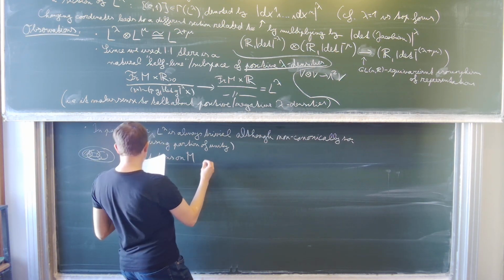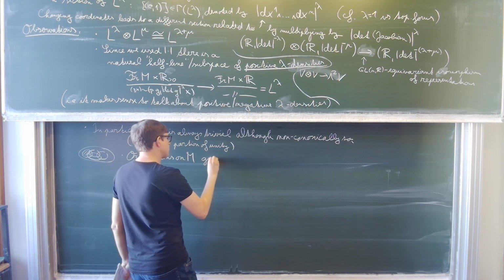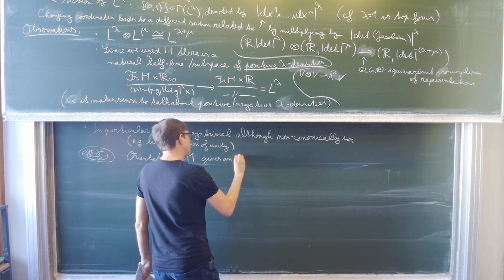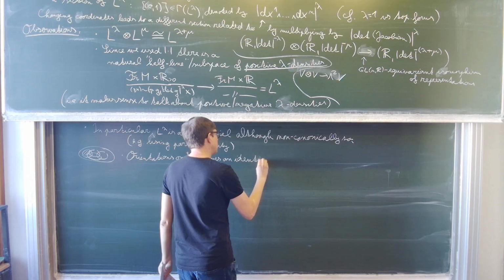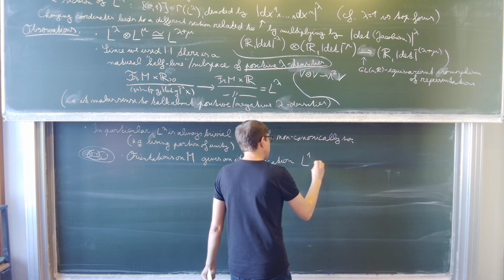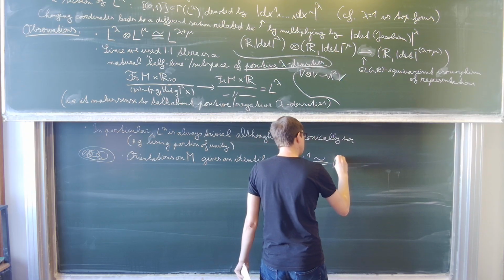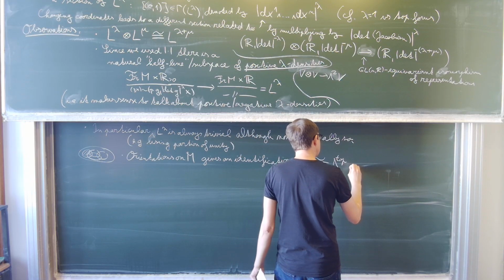But in particular, if you pick an orientation on M, this gives an identification from L1 to the bundle of top forms.